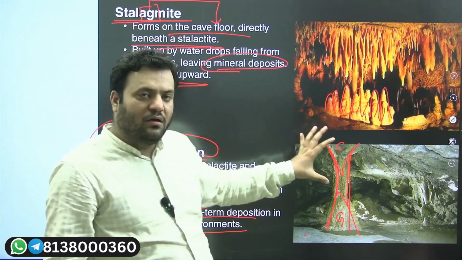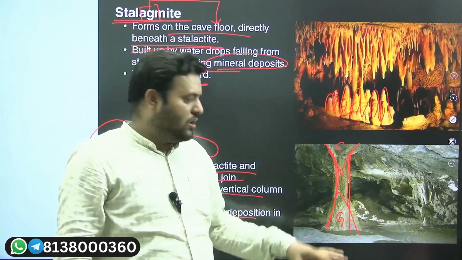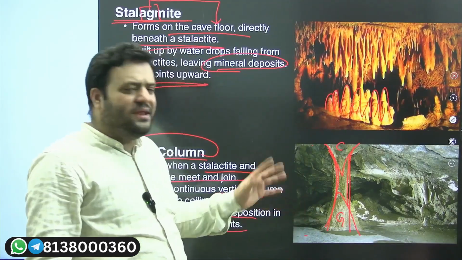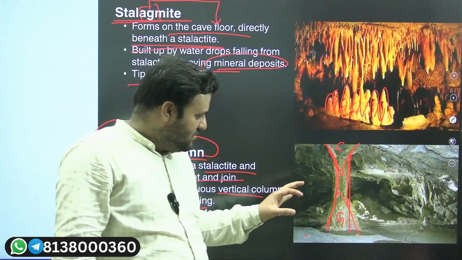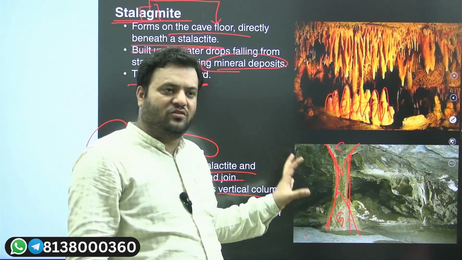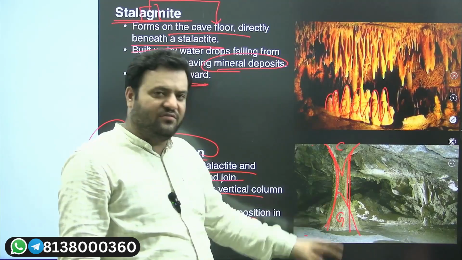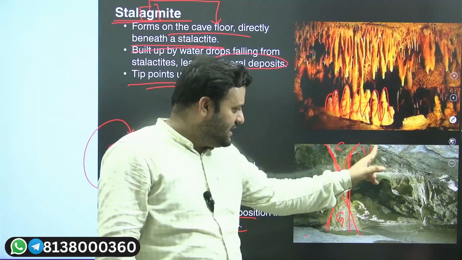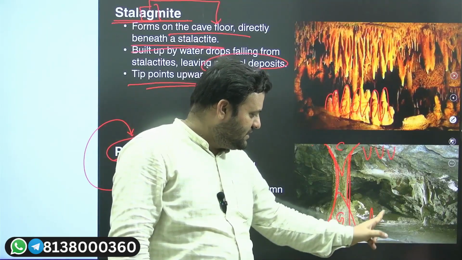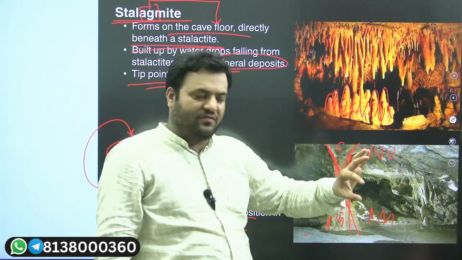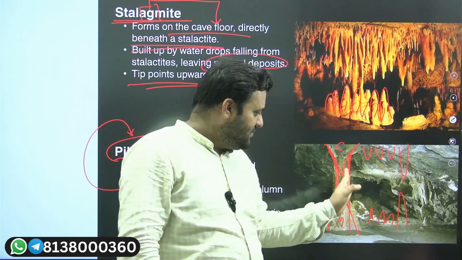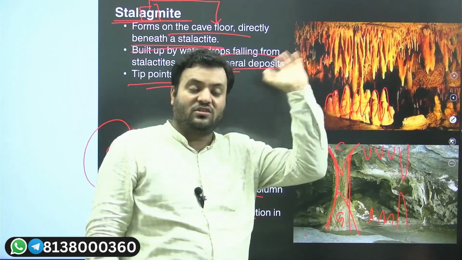If there is a particular column, this column itself signifies that many years have passed in the formation of the cave. These caves are a lot older, because first it was like this, then like this, then after several years it evolved this way and ultimately joined like this. So it might have taken thousands of years.